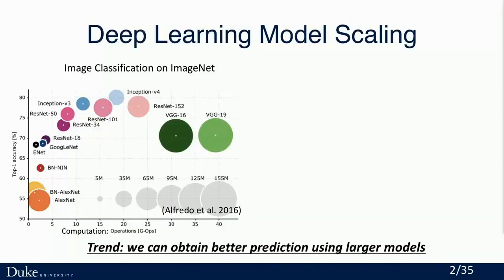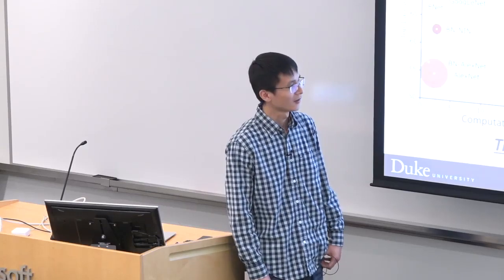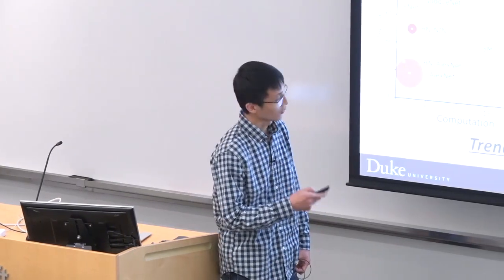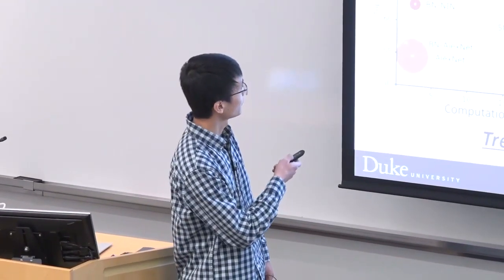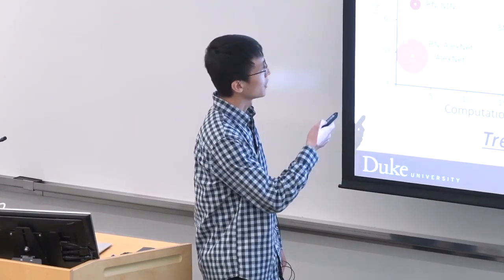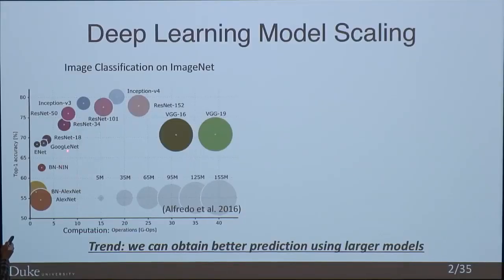So the general trend of deep learning is we can always get better performance if we are able to train larger models, given we have a lot of data. Here is a figure which covers the majority of the computer vision models. The x-axis is the computation cost.